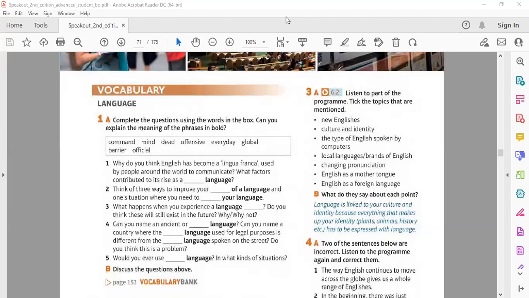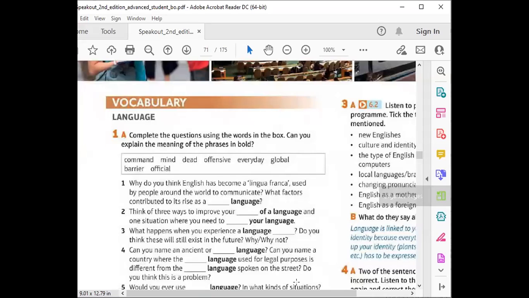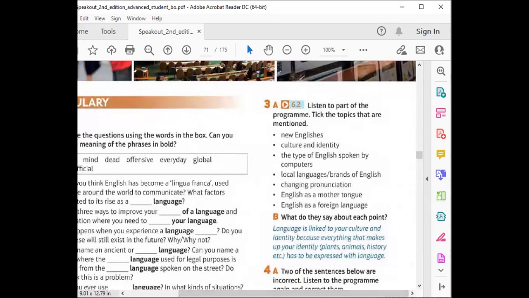Okay, you're going to listen to a recording, and in this exercise, you're going to tick what you hear in the recording. So it was 6.2. Let me find it for you. Unit 6.